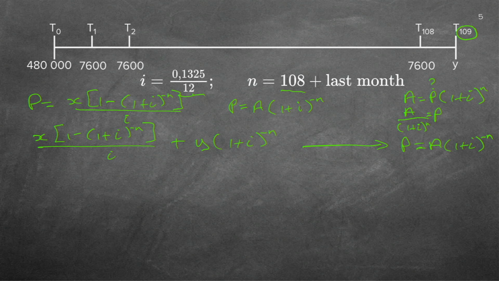Good. Now, if I now fill in my formula, remember I already had the P amount. It was 480,000 is equal to, I have the X amount. What was that? 7,600 times 1 minus 1 plus, I've got the i there, 0.1325 over 12, to the power of, now let's just see.